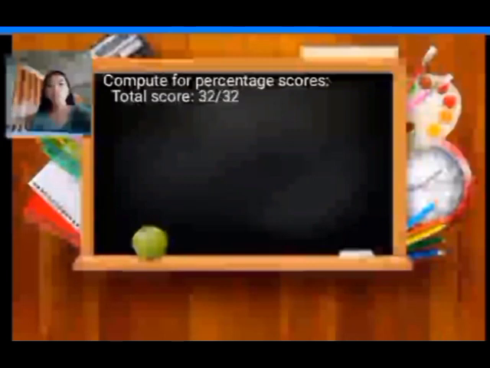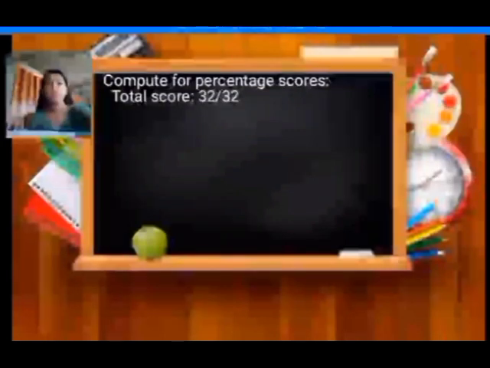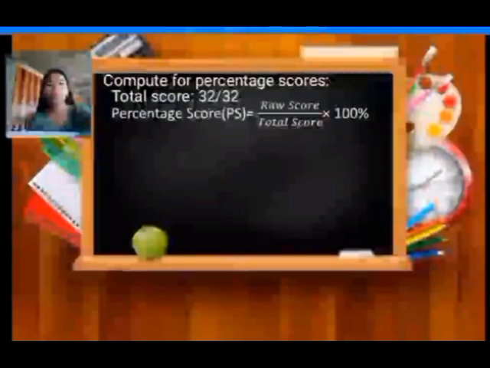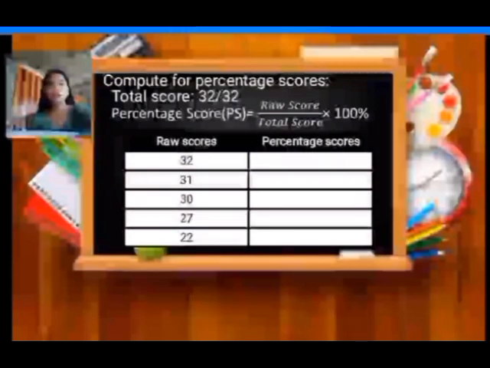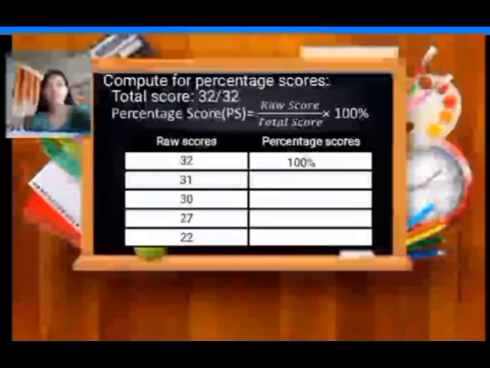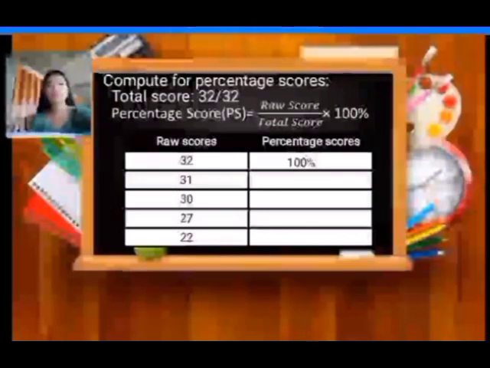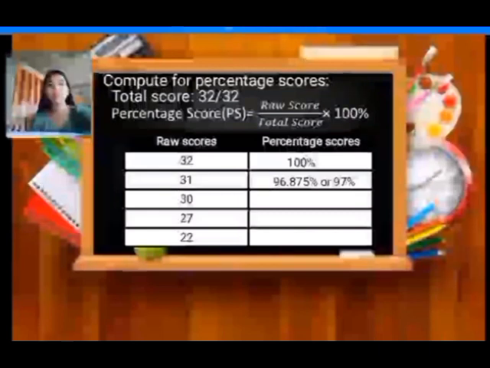Here are more examples. If the student gets a perfect score, the percentage score is 100%. If the raw score is 31, that is 96.875%, or if we round off, that will become 97%.